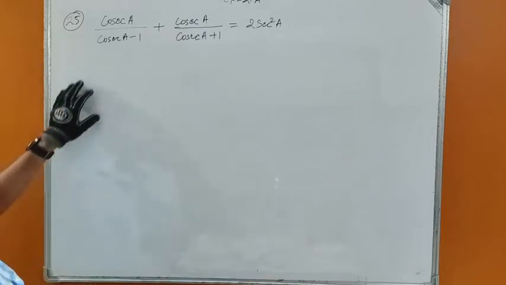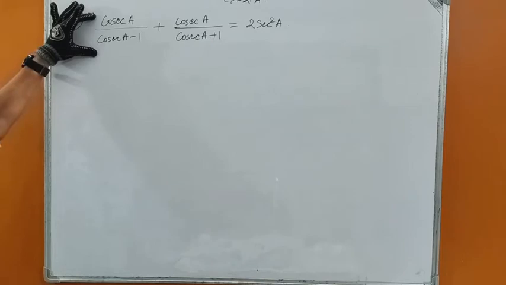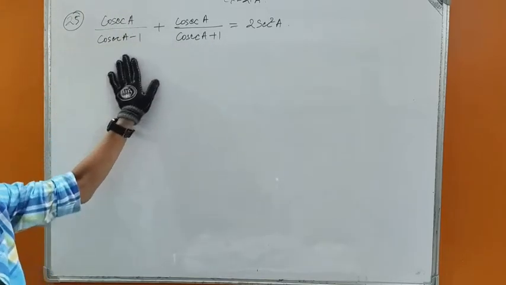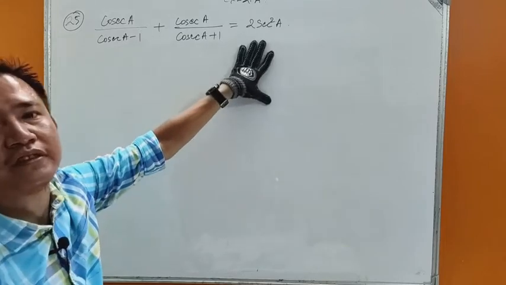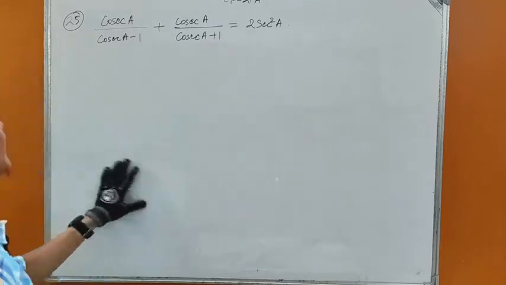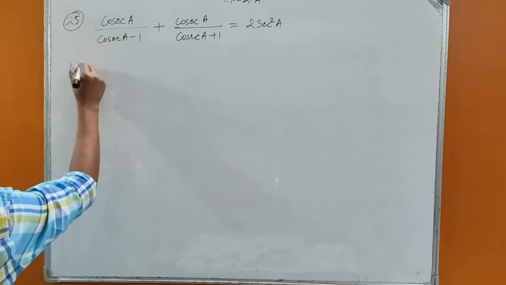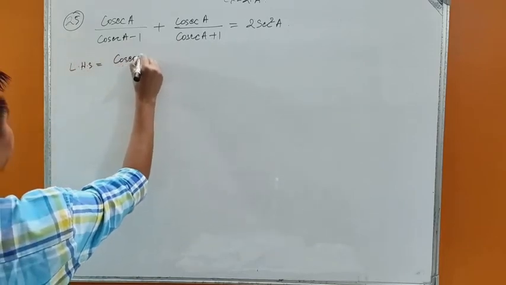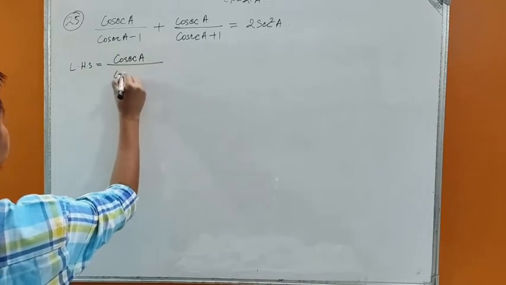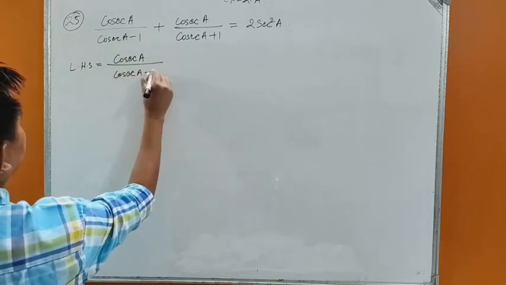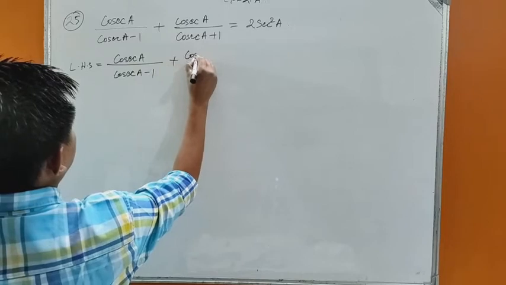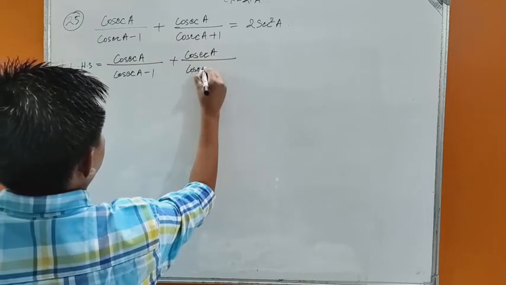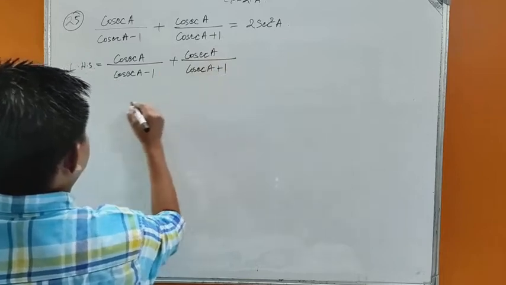So this question number 25, we have cosec A upon cosec A minus 1 plus cosec A upon cosec A plus 1 in the left hand side, and we are asked to prove this equals 2 sec square A, isn't it? So LHS equals cosec A upon cosec A minus 1 plus cosec A upon cosec A plus 1.